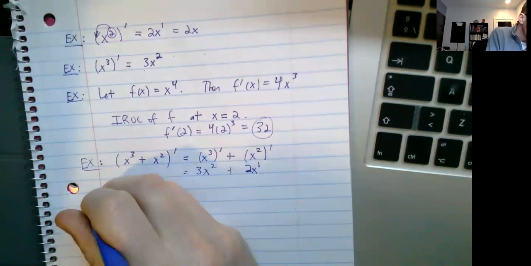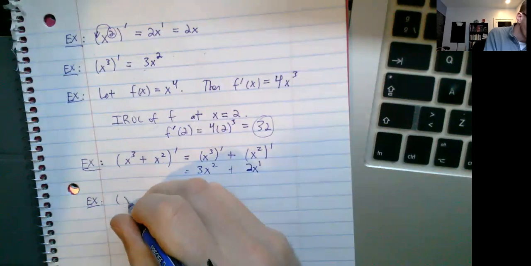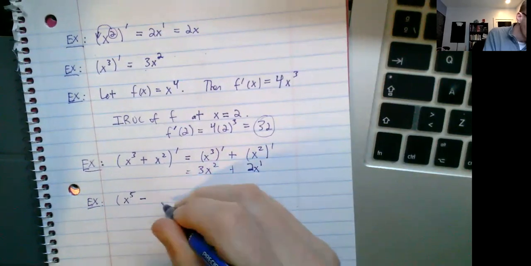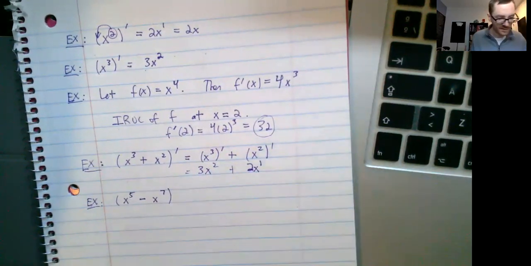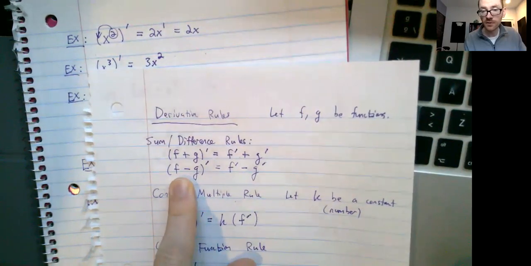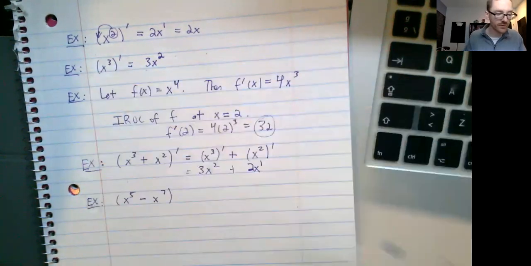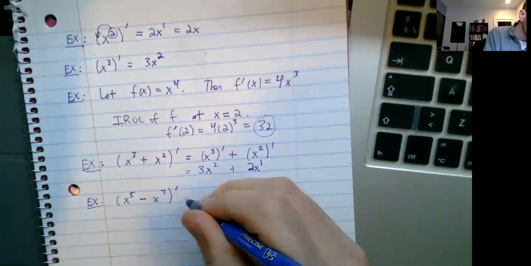What if I asked for the derivative of x to the 5th minus x to the 7th? This rule says that derivatives distribute over subtraction as well. It's just the derivative of the first thing minus the derivative of the second.